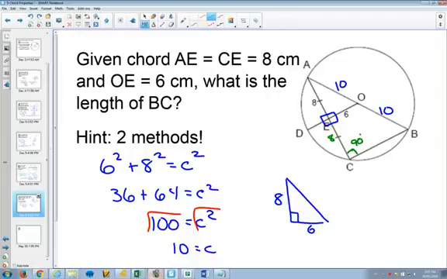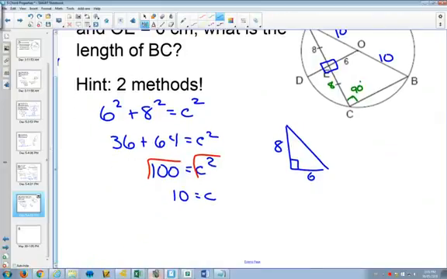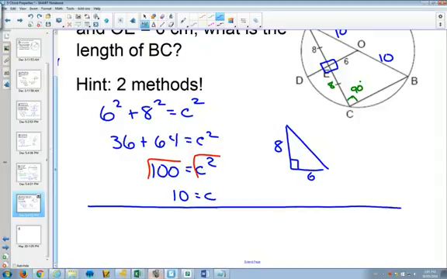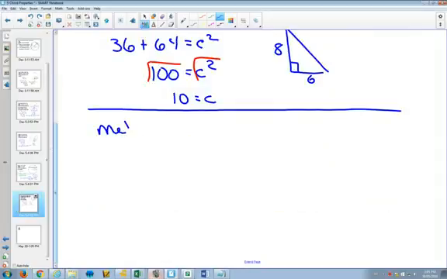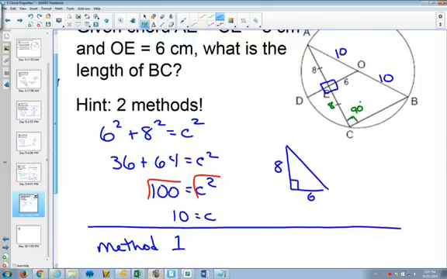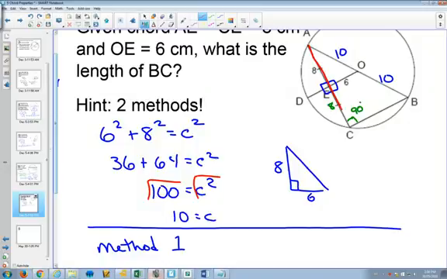Now, to find B to C, there are two methods you could use. The way that you would most likely use, method 1, is you would see this big right angle triangle here in red. Can you see that big right angle triangle in red? The only side you don't know is from B to C. I'm going to call that a.